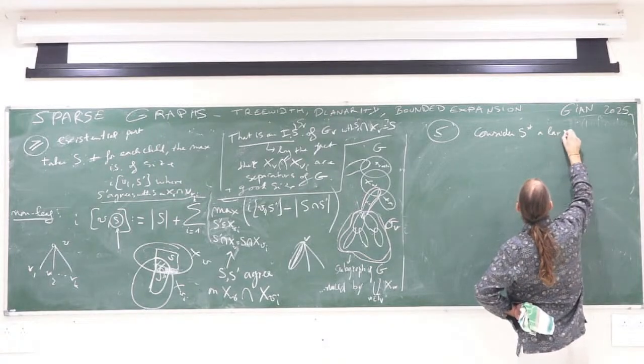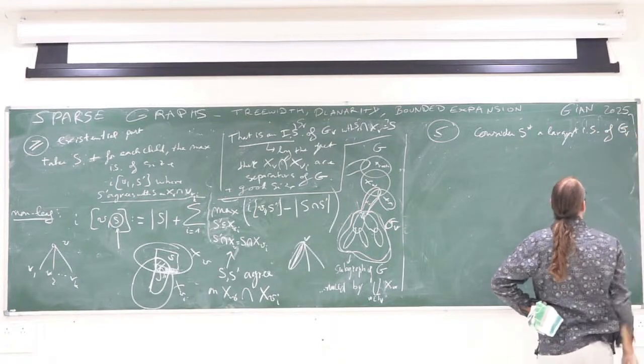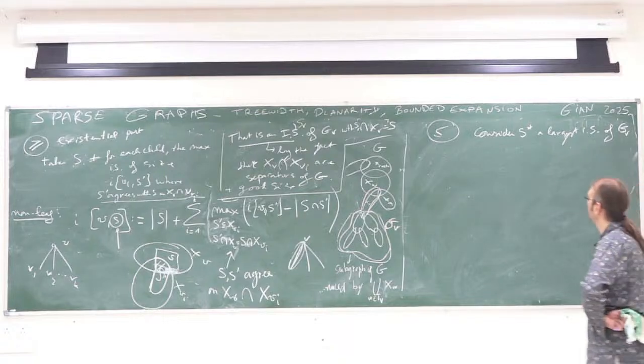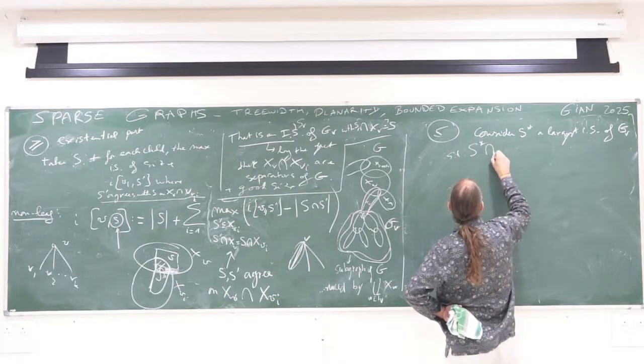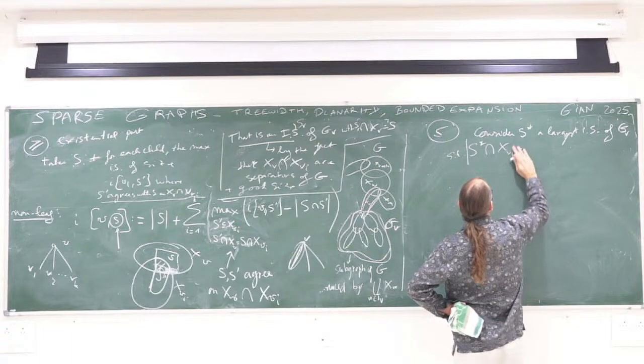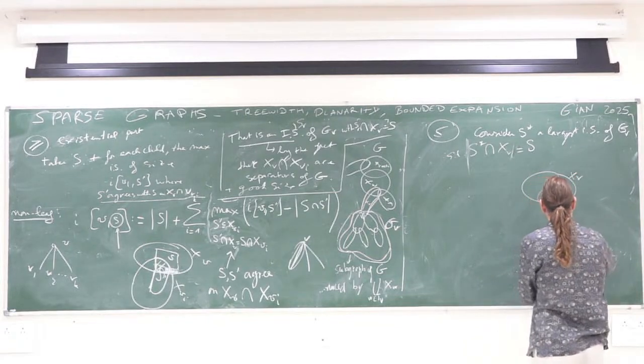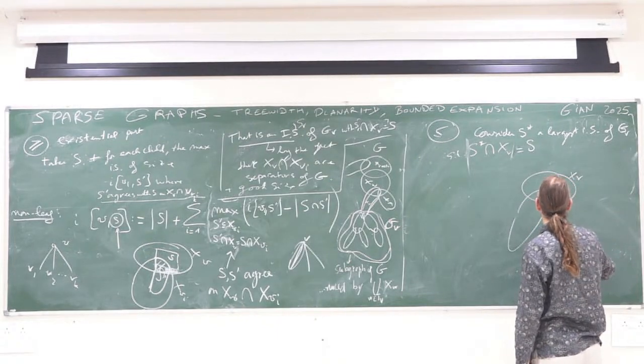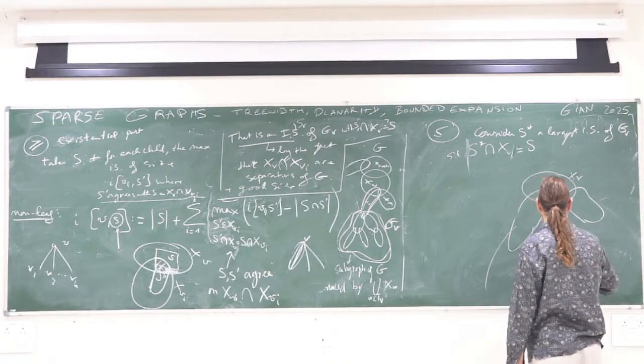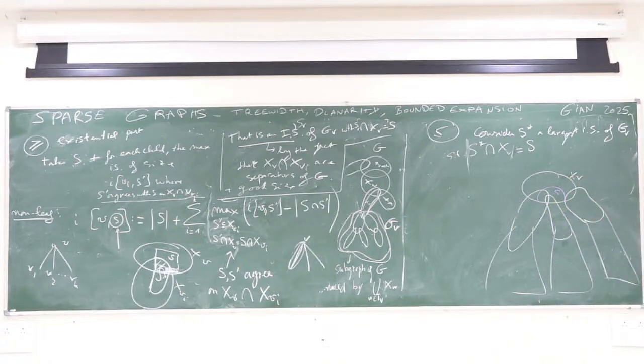Take a largest independent set of your GV, same as before, so you take an optimum one, which satisfies the property that you intersect exactly in S, and you see that for each of these children, what you get is some particular independent set.